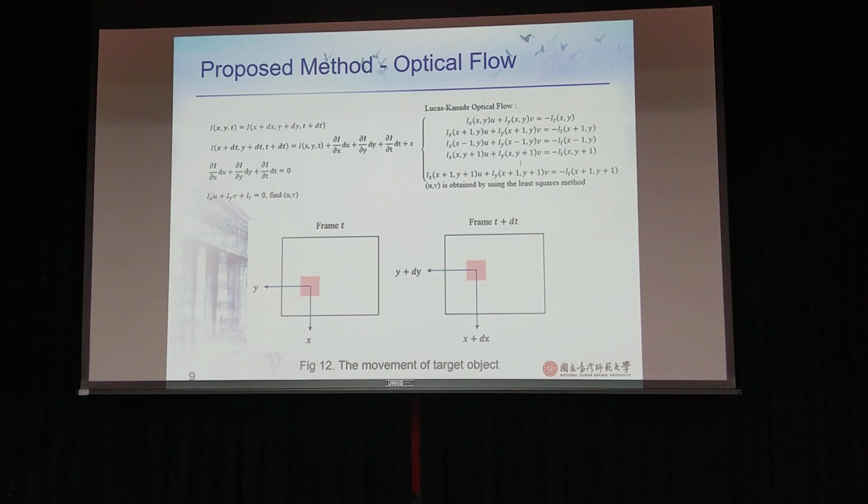Through the optical flow, the movement of cloud from the previous frame to the current frame is averaged. Then the motion vector UMV is obtained by using the least square method.